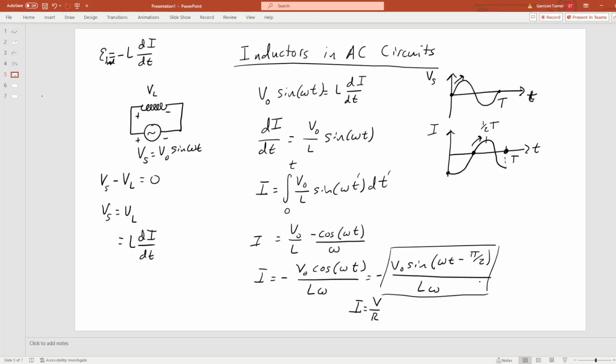And as a result, what we will do now is go back here to these two equations. If we compare, we can see that R is equal to L omega.